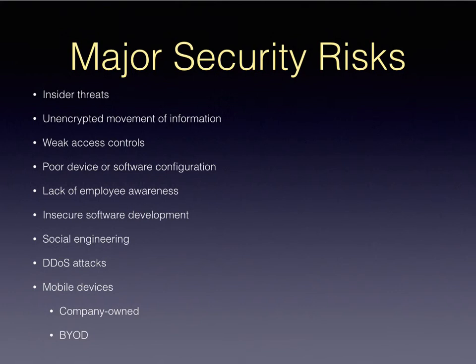And if we do allow access for business operation, how are we maintaining control over those data channels? Lack of employee awareness. Employees are probably our biggest security vulnerability. They need to be aware of what is acceptable behavior and what is unacceptable behavior. This requires training and awareness activities, as we discussed previously.